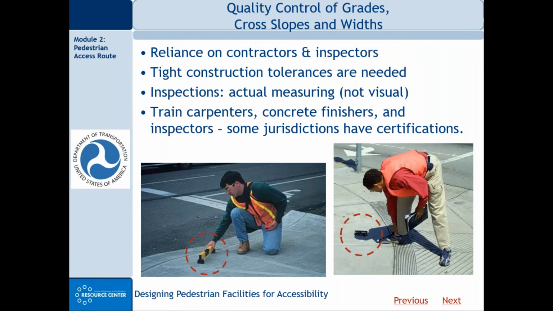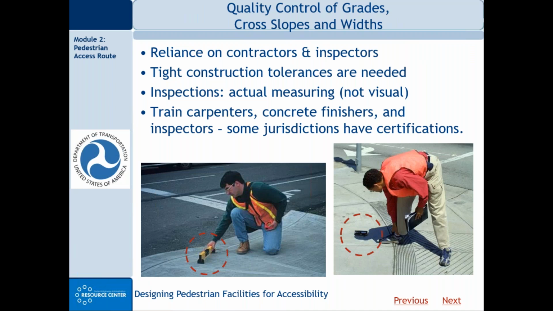I did want to say a few words about quality control as well. We need to make sure that in terms of inspection, we do actual measuring. I talk to some people sometimes, especially contractors, who say, I've been doing it for 30 years, I know what I'm doing.